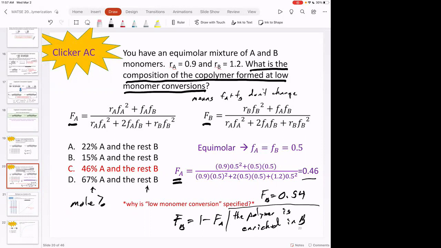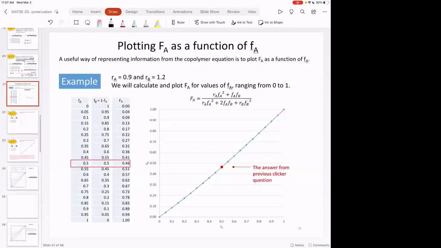We're getting to the crux of how to think about this. So if we take the previous problem and we put it in Excel and we start to calculate for all values of FA, this is monomer A mole fraction. And remember, mole fractions can go from 0 to 1.